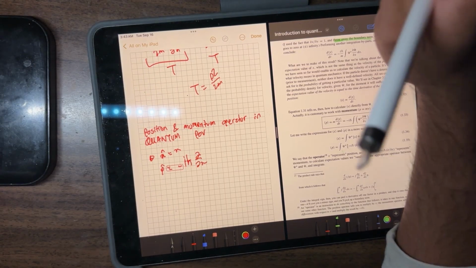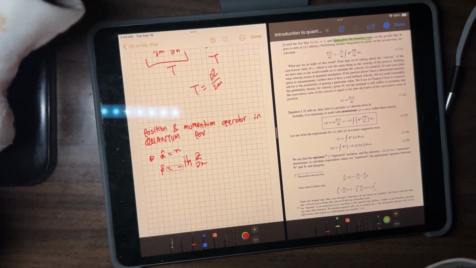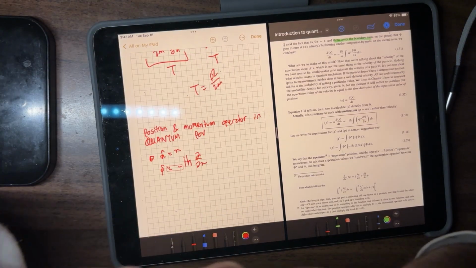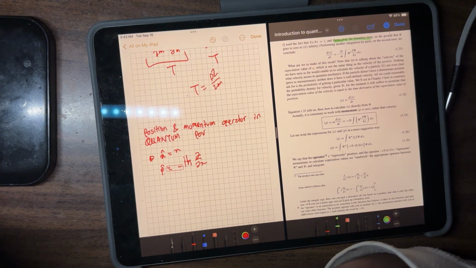So technically we went from minus h bar square curl square by curl x square. Wait.